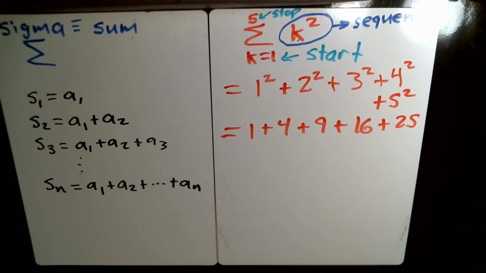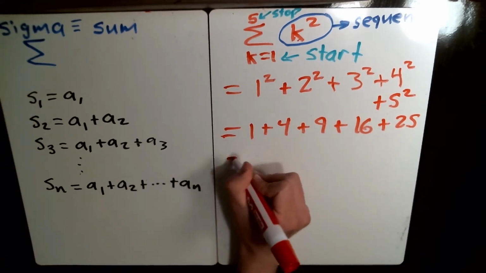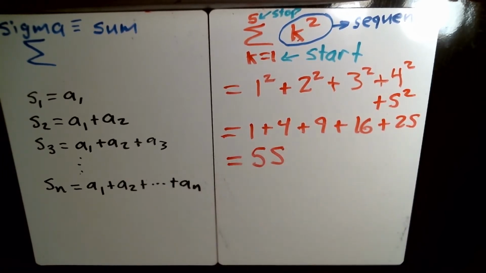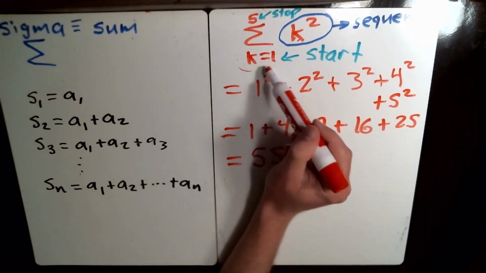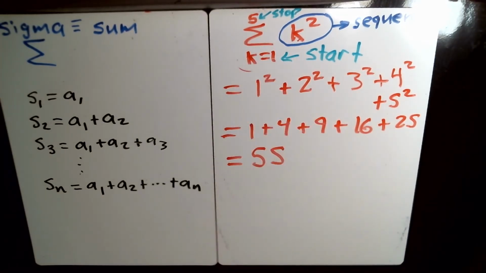Let's see, what is that? 14, so 30, so 55, I think. If I didn't make a mistake there. Yeah, I'm pretty sure 55. So this would be the same thing as this. It's just a different way of writing that you're summing up something repeatedly.